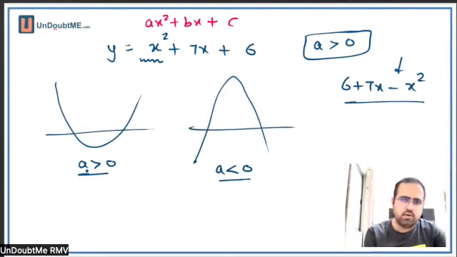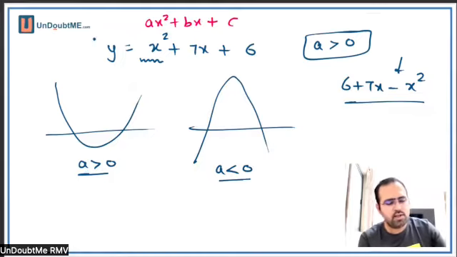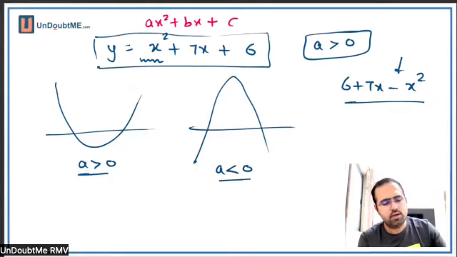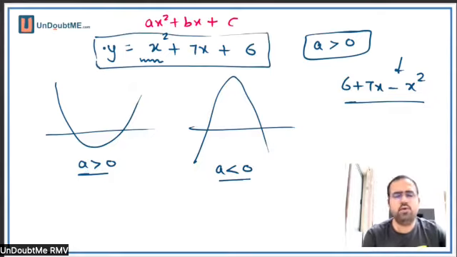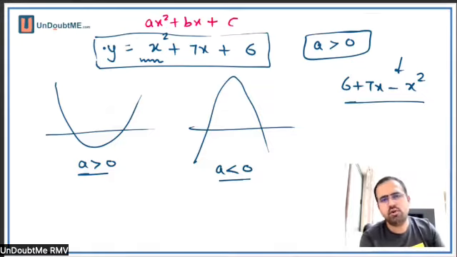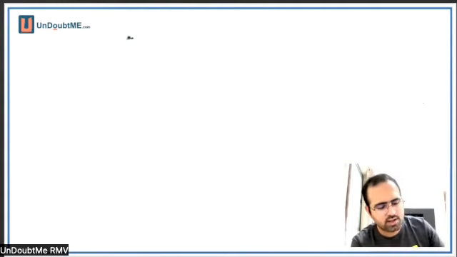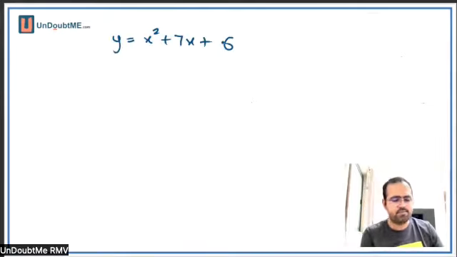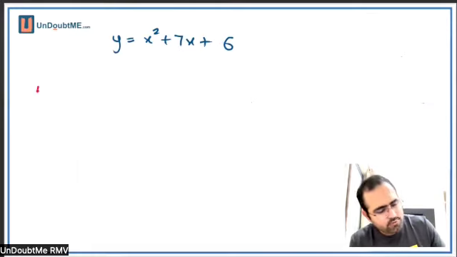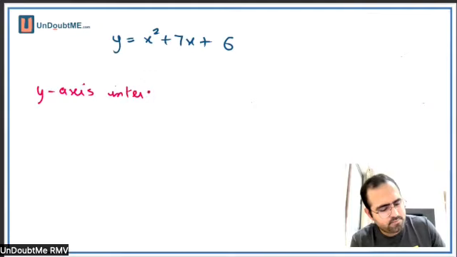After that, when we say y is equal to something, a function will always have two types of intercepts. One is called the x-axis intercept, one is called the y-axis intercept. I'll take it on the next slide. I'll explain that with respect to this example only. So if I have y is equal to x square plus 7x plus 6, I need to find the y-axis intercept.